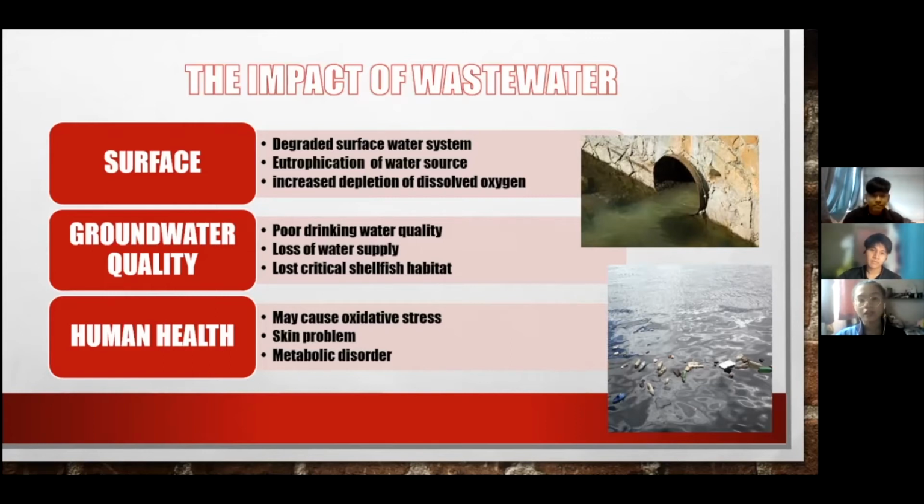And the second impact, of wastewater on groundwater quality, is poor drinking water quality. Yes, we know groundwater is used to produce our mineral drinking water. And when the groundwater quality is poor, our drinking water is also poor.